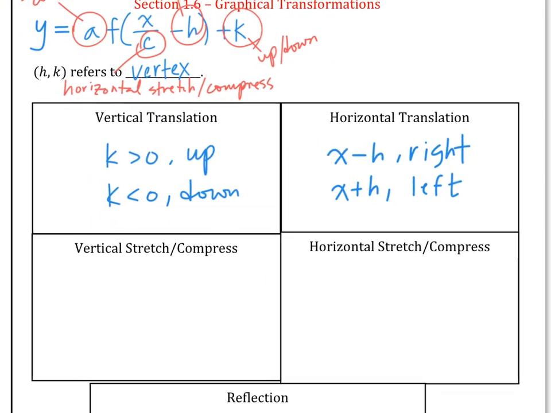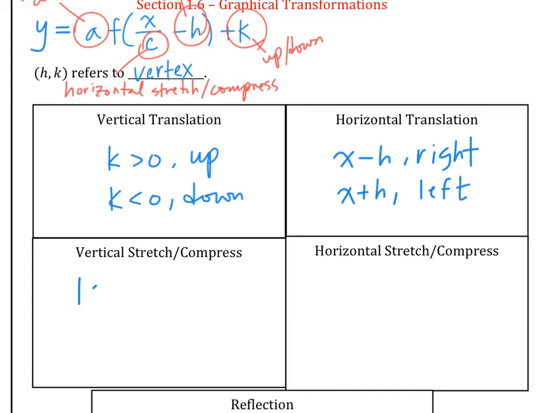Vertical stretch and compress, we said, has to do with A. So it's actually the absolute value of A because we don't care about the actual sign. The number itself, the value is more important. So when it's greater than 1, is it vertical stretch or compress? Stretch, yes. So vertical stretch. And when that number is between 0 and 1, it's going to compress.